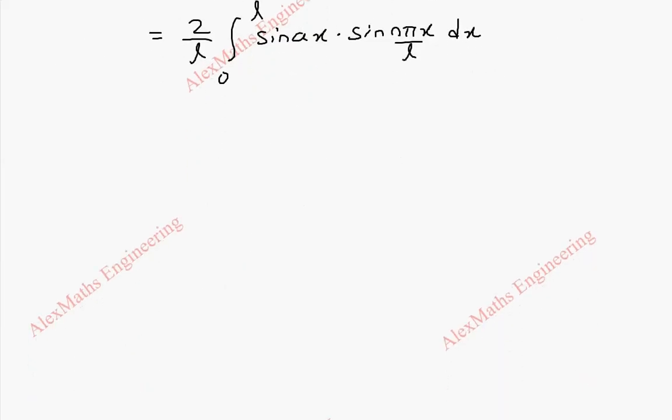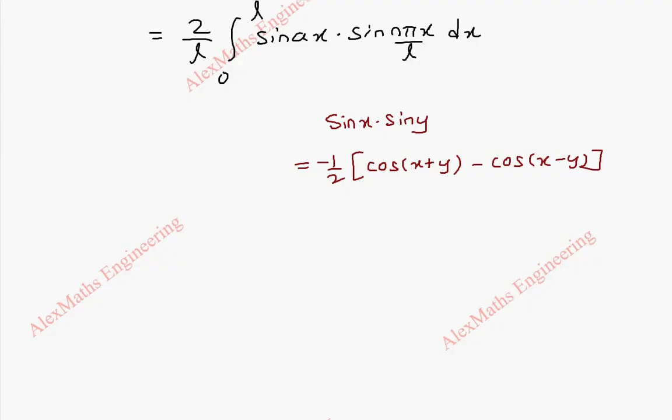Now we are going to apply the basic trigonometric formula. Whenever we have sin x into sin y, this becomes minus half cos of x plus y minus cos of x minus y. And let's rearrange this keeping the n term as the first term. So this is 2 by L integral 0 to L sin n pi x by L into sin ax dx.